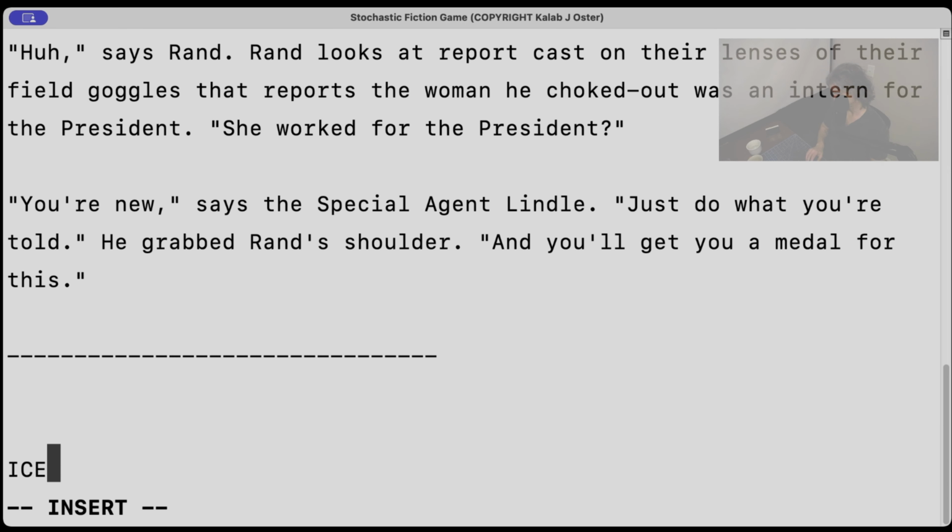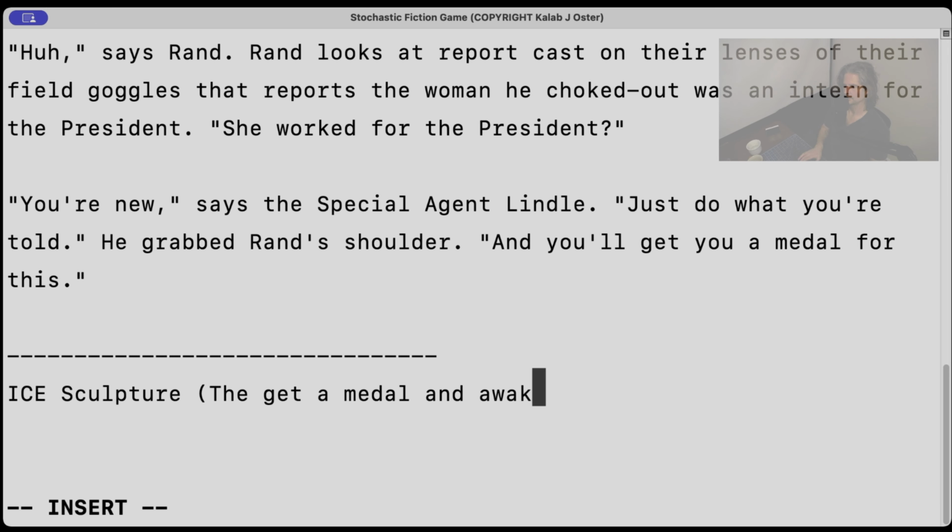Ice sculpture. I don't know how to spell sculpture. Would be the second chapter. And this one would be, they get a medal, an award, as they just tell the bigger lie.